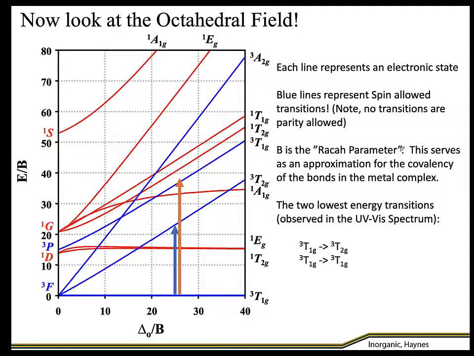So if you trace these lines all the way over to the margins, you would see that this red line, for example, has the label of a singlet state that is T1G. We don't need to dig so deeply into where these states come from other than pulling the labels off of the graph itself.